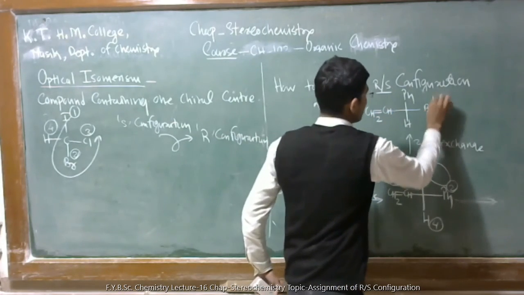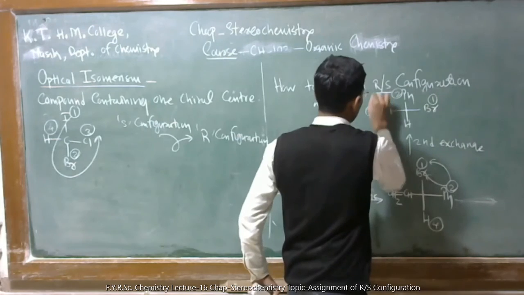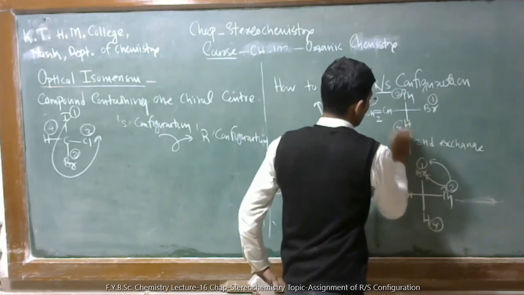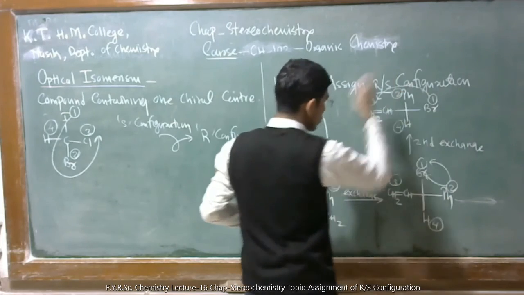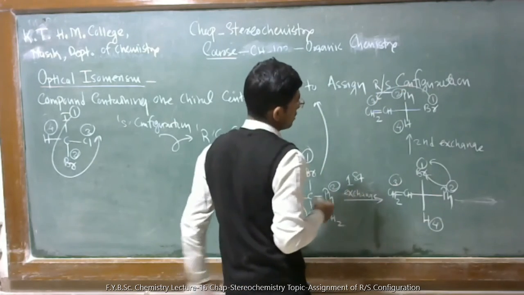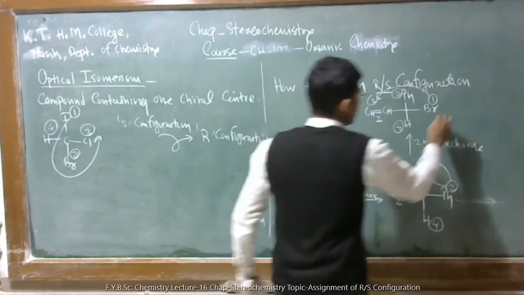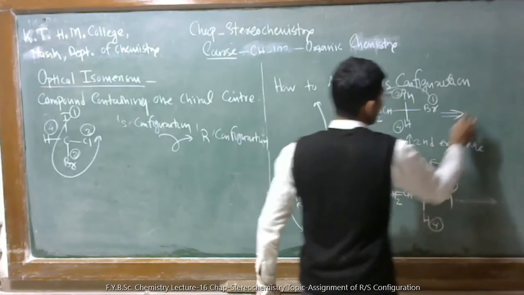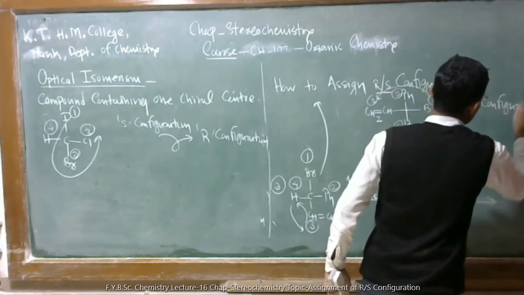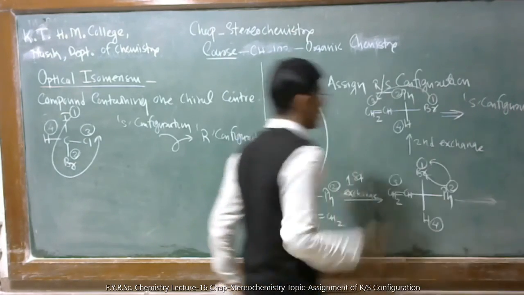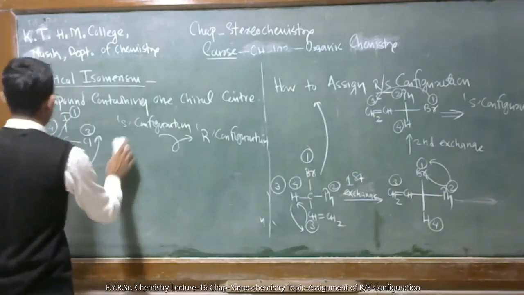So these are the first, these are the second, these are the third, and these are the fourth. So the order of the sequence of groups is in the anti-clockwise direction. Because of anti-clockwise, you have to write the S configuration. So this is the first method.